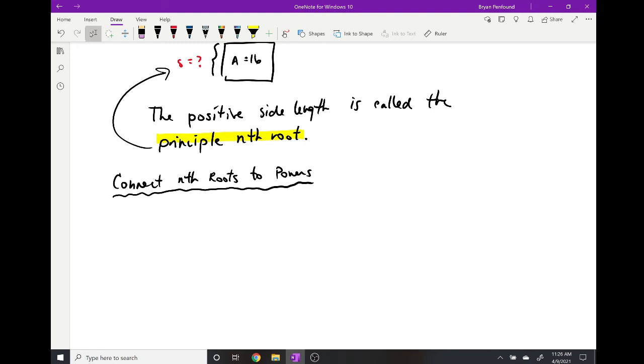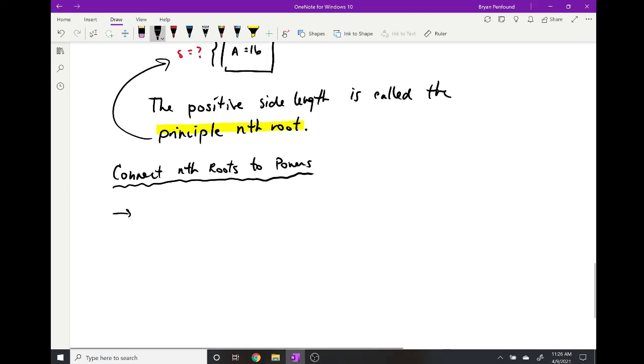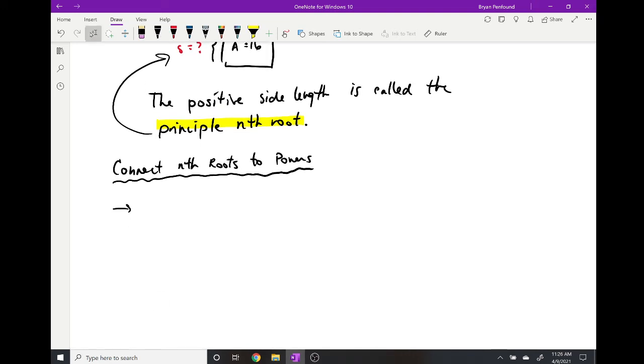I once was volunteering at a local middle school, and I thought the teacher there had a very nice way of introducing the idea of fractional powers. He said, what we're going to try to do today is determine the power of 2 that represents the square root of 2.